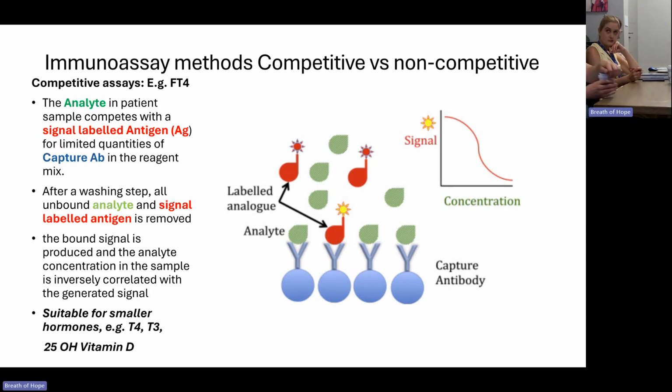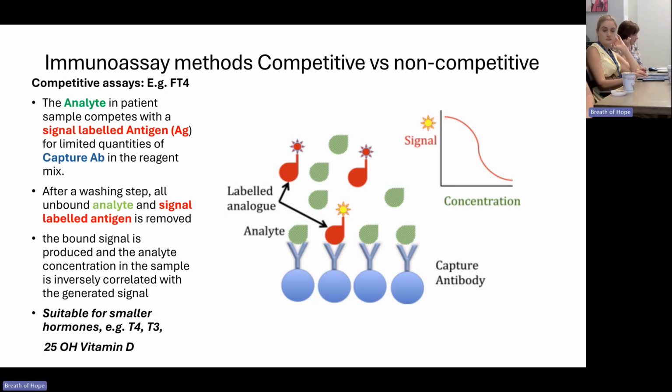To understand analytical interference, we need to get an idea of the design of our immunoassay methods, and there are basically two big groups, the competitive group and the non-competitive group of assays. The competitive assays will measure the smaller hormones, for example free T4 and vitamin D. In this case, the analyte in the sample competes with a signal-labeled antigen for limited quantities of capture antibody in the reagent mix.